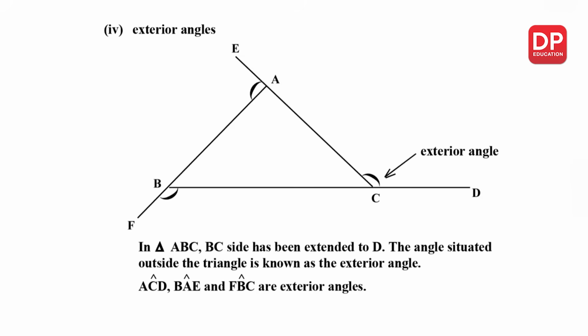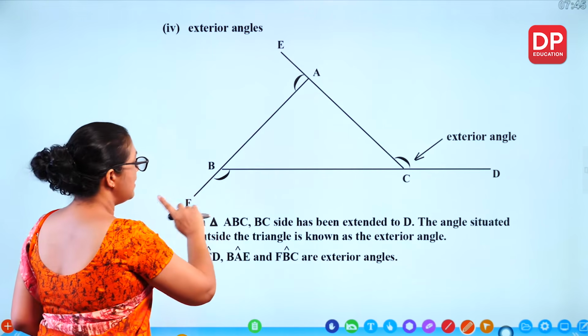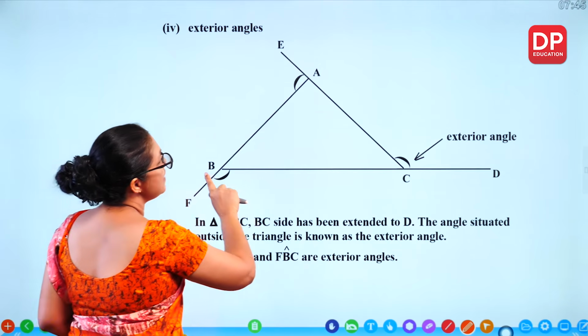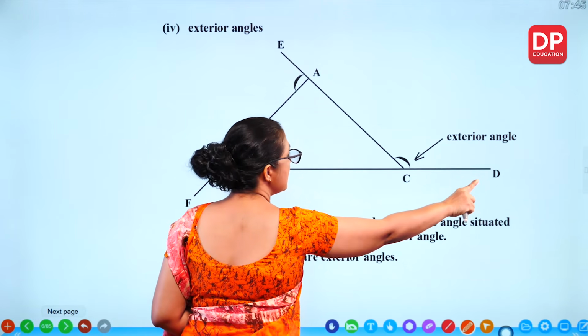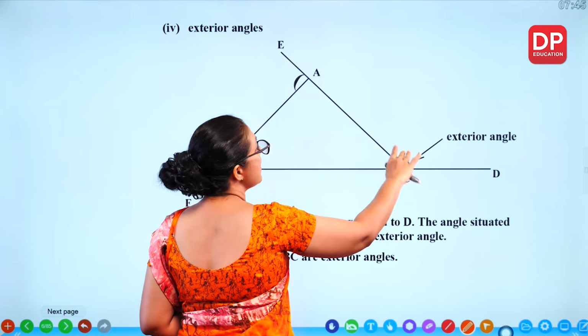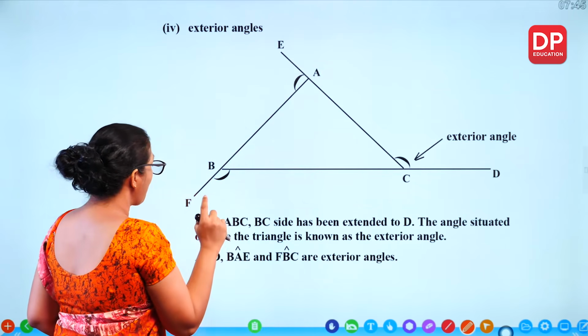Now we'll look at what exterior angles are. Take triangle ABC. BC side has been extended. BC extended to D. Then you get the angle outside the triangle. This is one exterior angle.